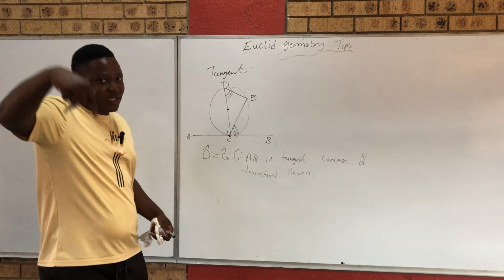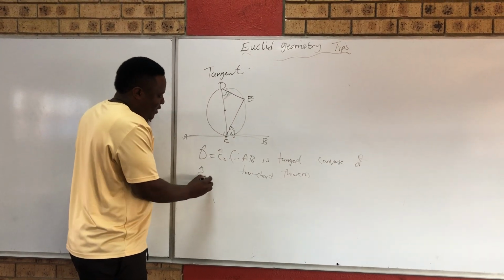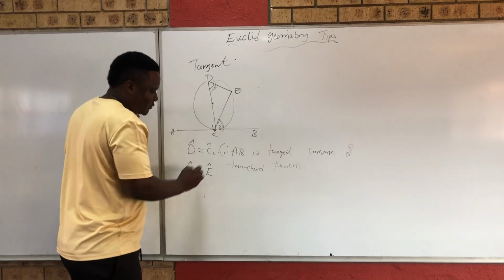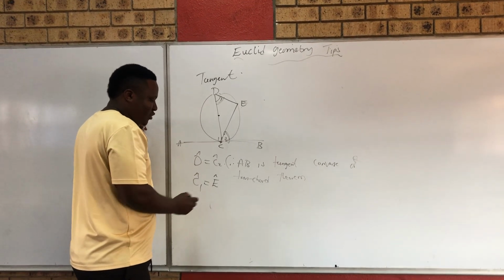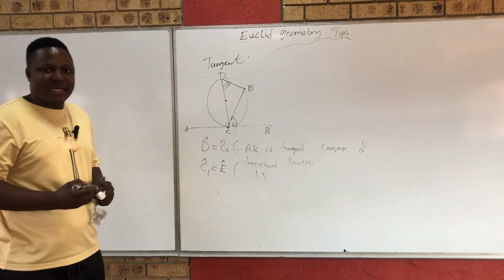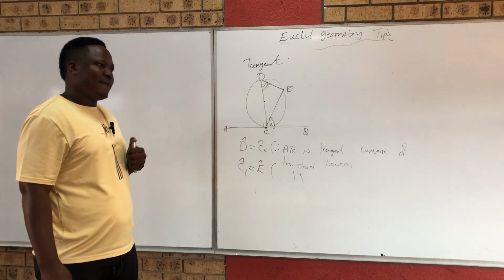So you go to that tan chord theorem. Or you can still show that angle C1 is equal to E. You can also show that for the same reason, tan chord theorem. Simple as that. I think that one is fine.